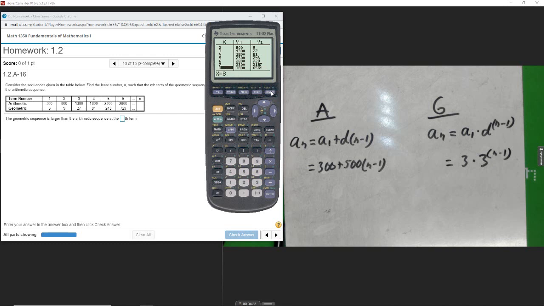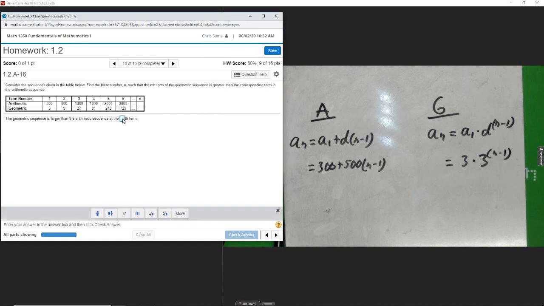Right here at 8. Below at 7, 8, the geometric surpasses, and then it stays past. So on the 8th term, that's what we're looking for. The 8th term, the geometric sequence will be larger than the arithmetic.